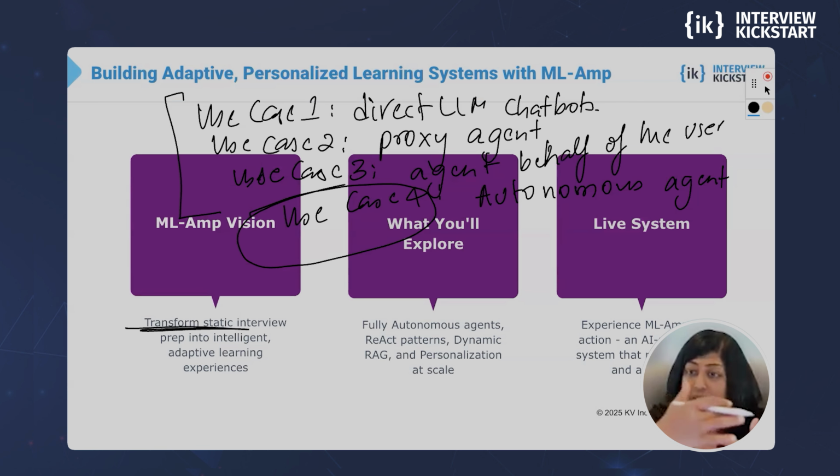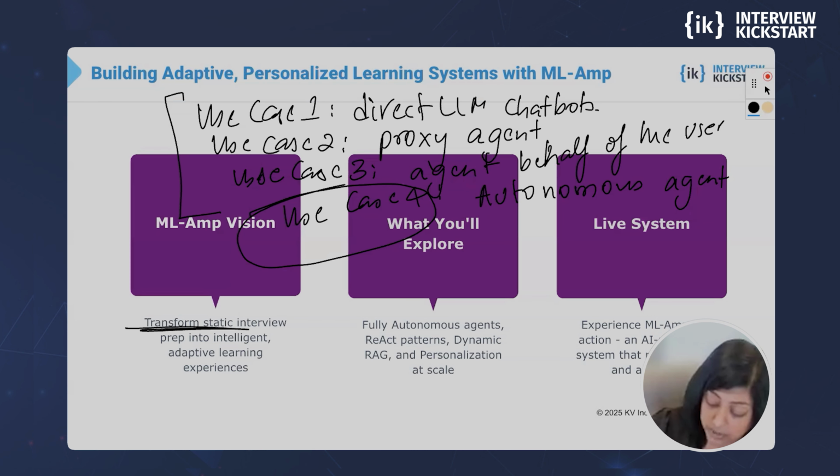Rather than using static resources like GitHub, static question answers, maybe you found them on some online resource, it transforms interview prep or knowledge building into a personalized adaptive experience. And the static becomes smart, right? It's adding to its knowledge base, and it's personalizing your learning journey based on your skill level, and it's adapting based on your performance in real time.